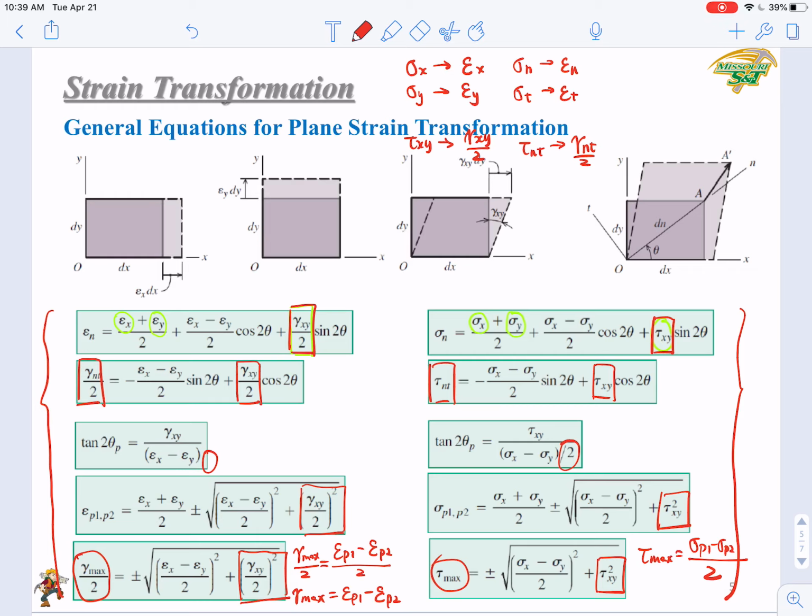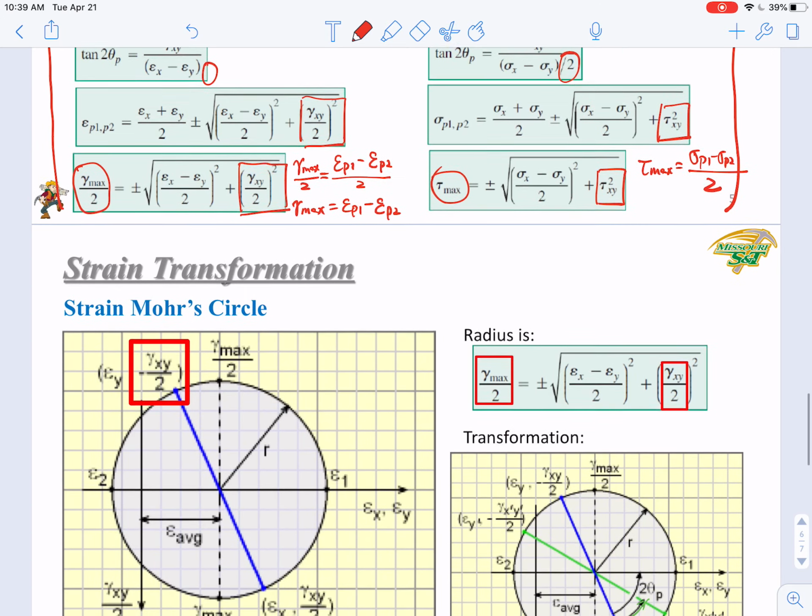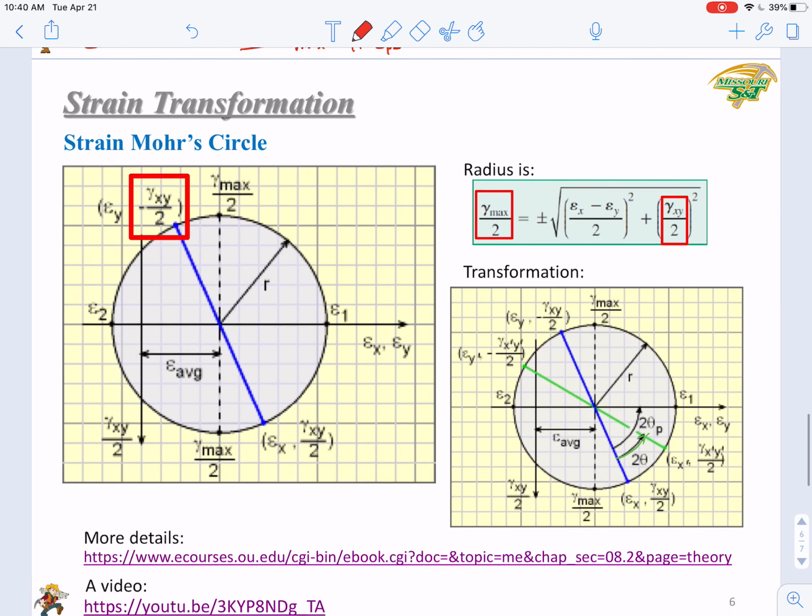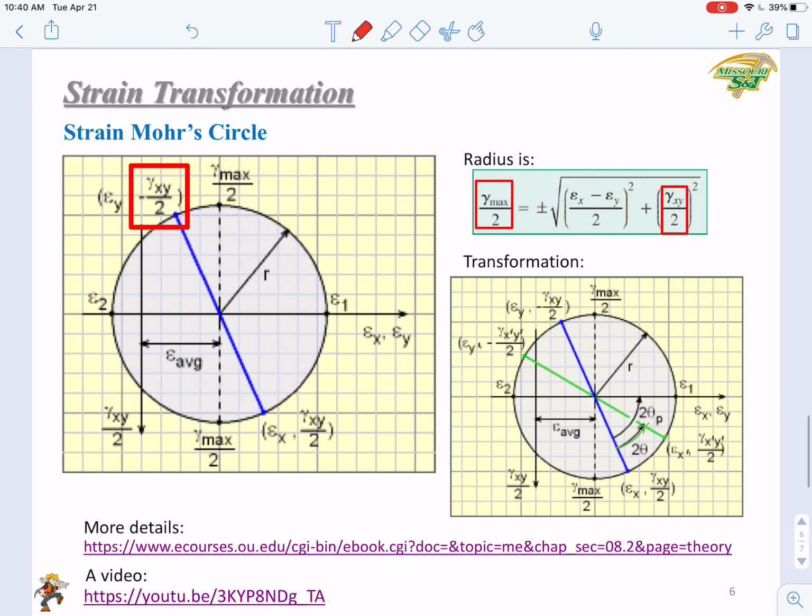You can use these equations to do transformation, or you can see what we can do later. We can also draw a strain Mohr circle. To draw a Mohr circle, we just start from what is known.